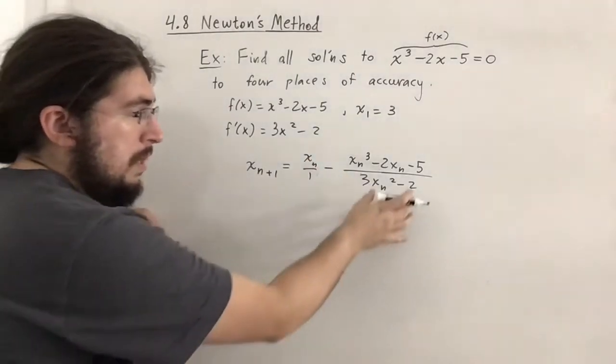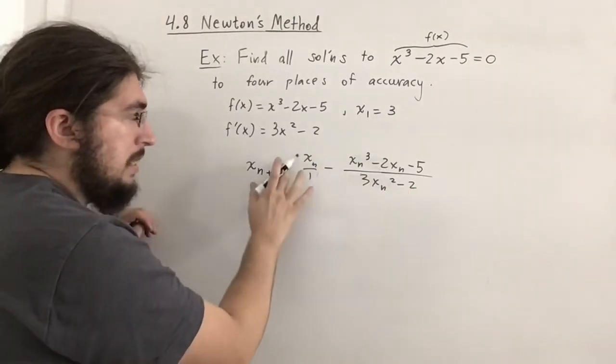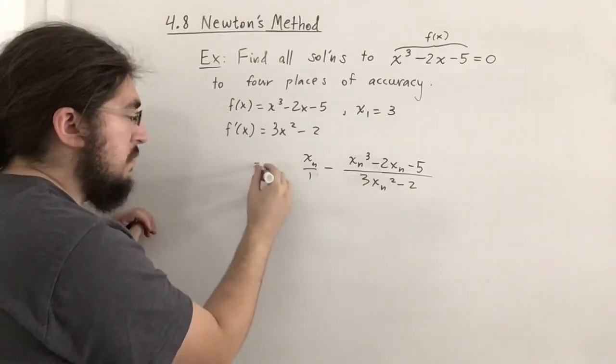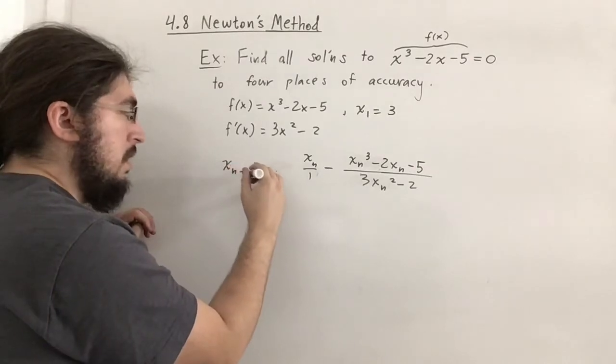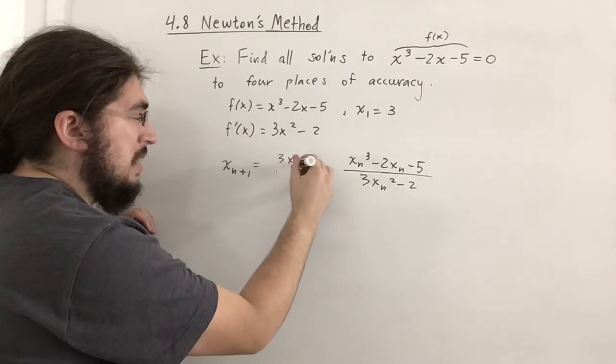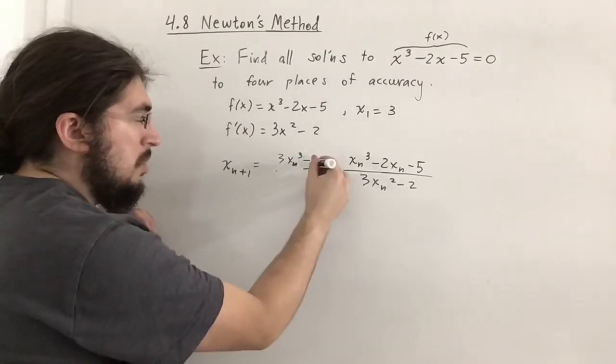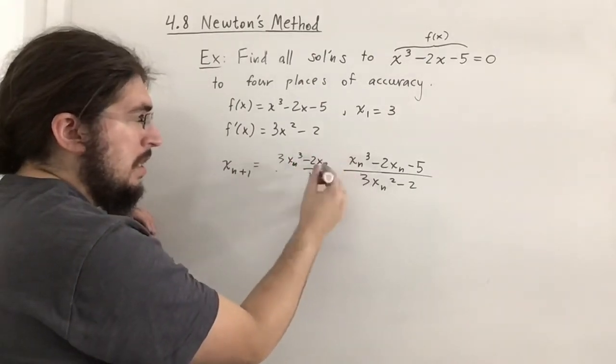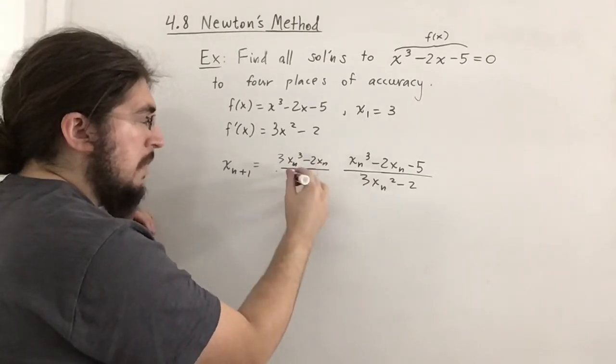And multiply top and bottom by this. If you distribute xn into this for the numerator, we actually get 3xn cubed minus 2xn, like that, all over the same denominator now.